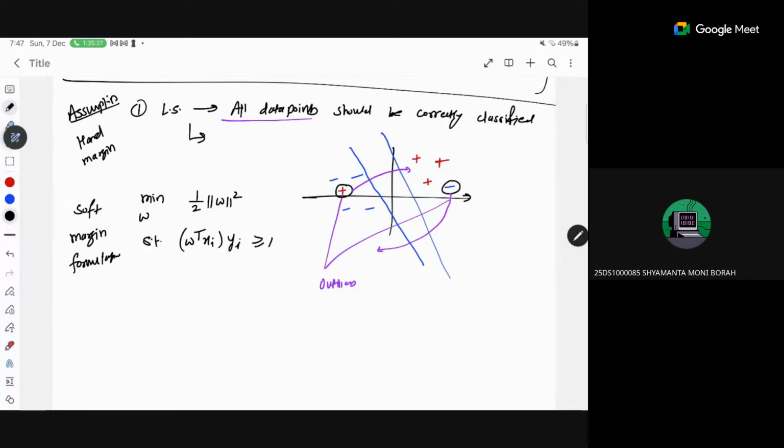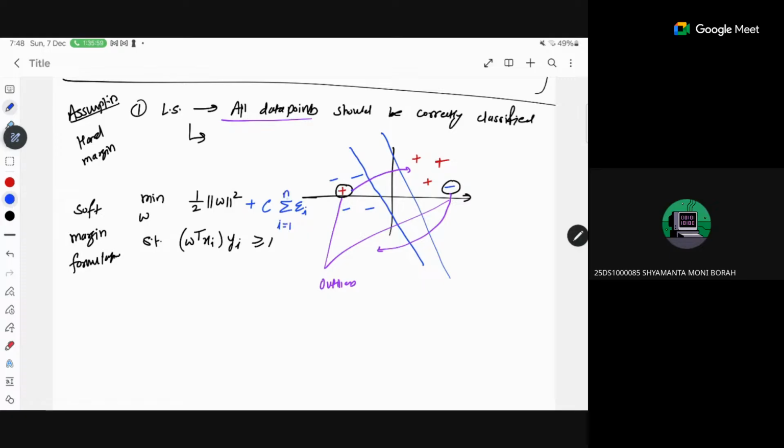Now with this soft margin, what we are doing is paying some bribe. Bribe means we are adding a certain value so that this positive point goes to its respective positive side, and this negative point comes to the negative side. And we'll say it is the sum from i equal to 1 to n.